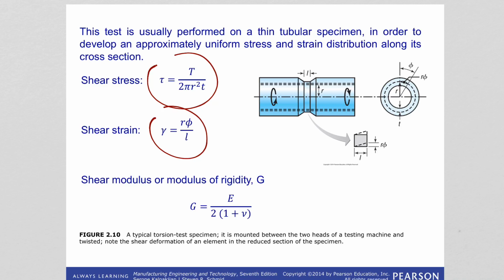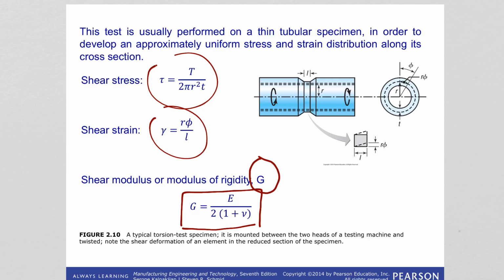So the ratio of shear stress to shear strain in the elastic region, just like Hooke's law in this case, gives us the shear modulus of elasticity, G. And the elastic modulus, Young's modulus, is related to the shear modulus through this equation with the use of Poisson's ratio.